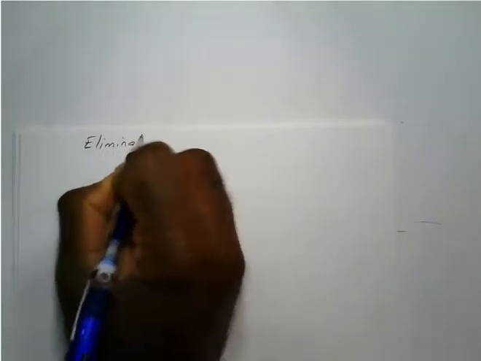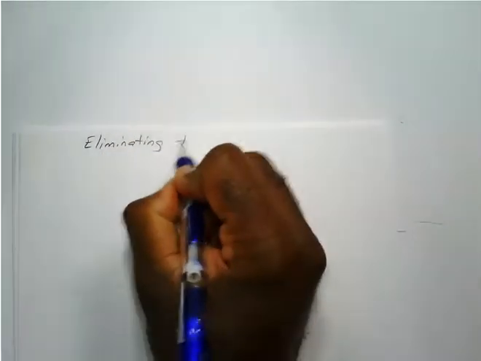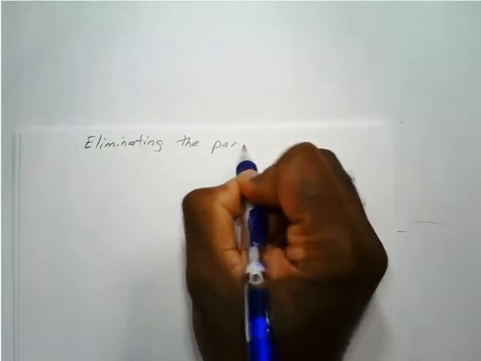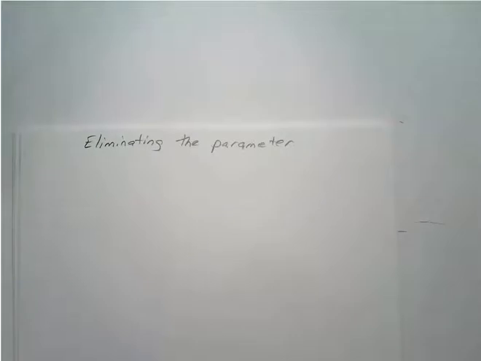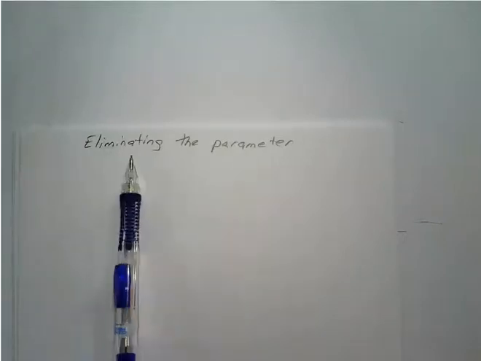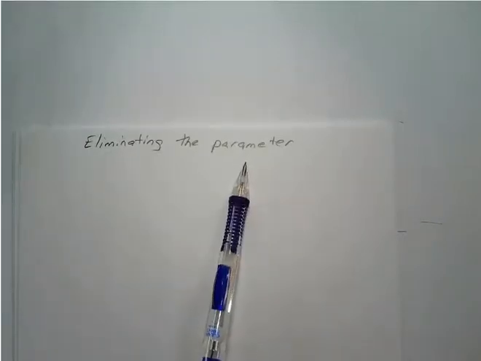And the next example looks at eliminating the parameter. Now, if you remember, for a parametric curve, the parameter is your t. So basically, you're eliminating the t.